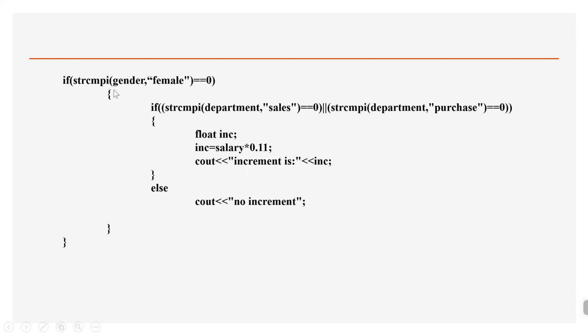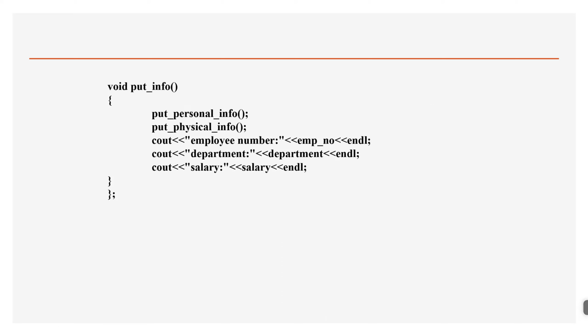Similarly, if the gender is female and if that female belongs to the sales or purchase department, then the increment will be 11%. If the gender is female and she doesn't belong to either sales or purchase, then there will be no increment. So these are the concepts.